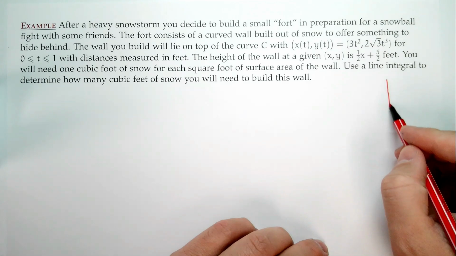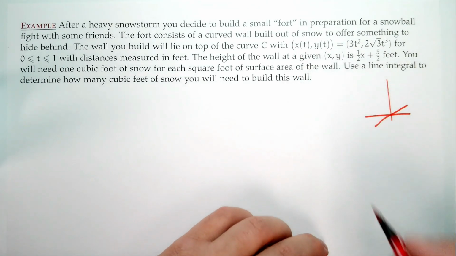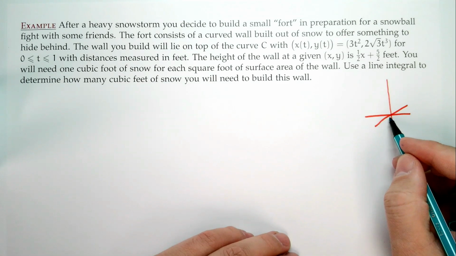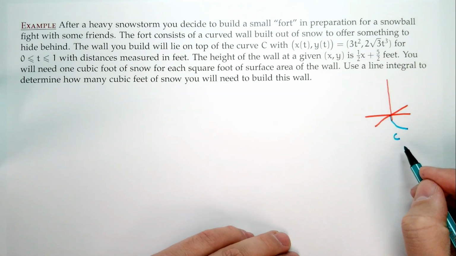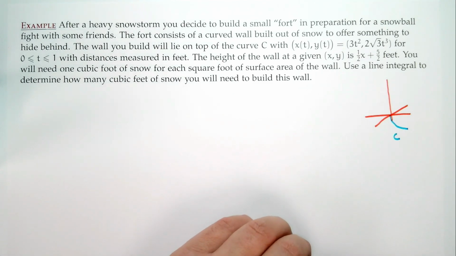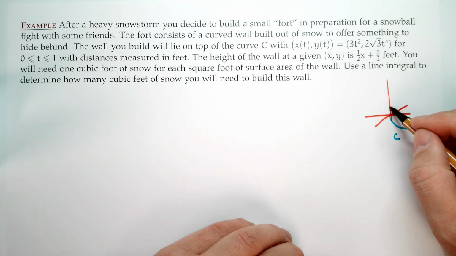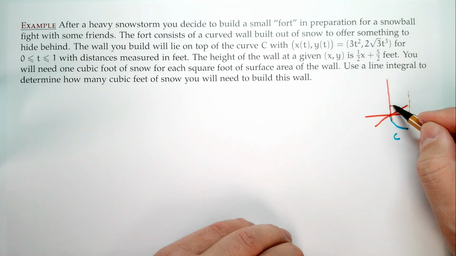So what's going on here? Well, the basic idea is we have this curve here. Let's say here's our curve C. And what's happening is that over this curve, we're going to build height. Now, it's not going to be very high near the origin, but as we go further out, it's going to get higher and higher.